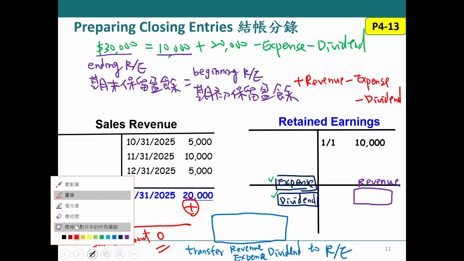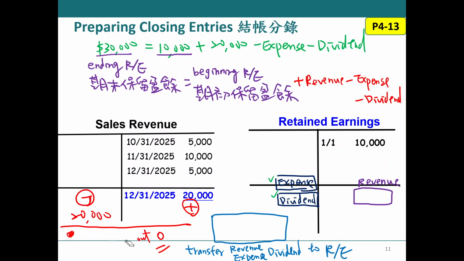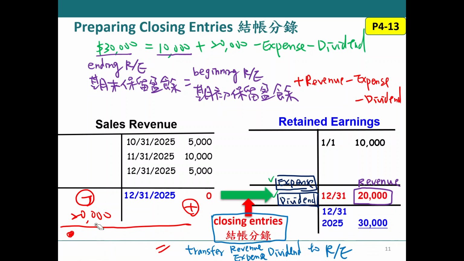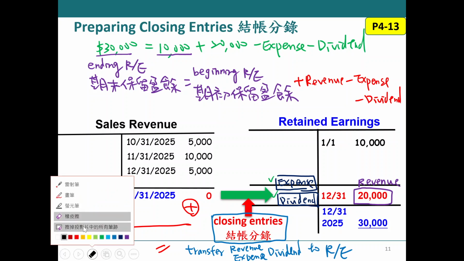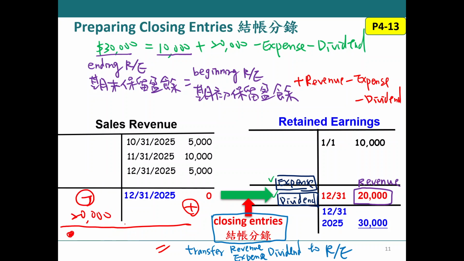Put the same amount on the opposite side. Okay? When you put the same amount on the opposite side, it becomes 0.